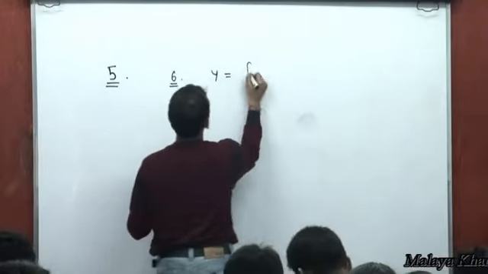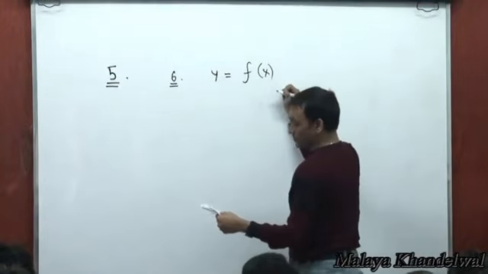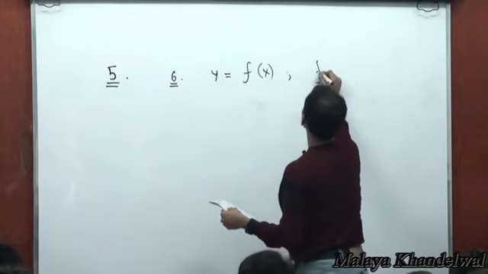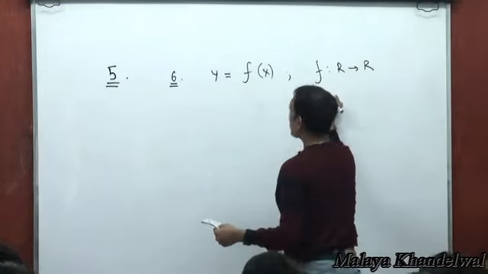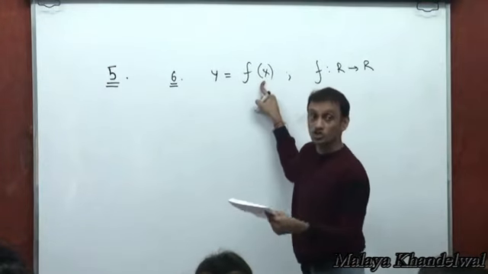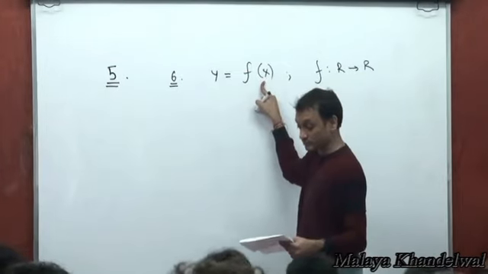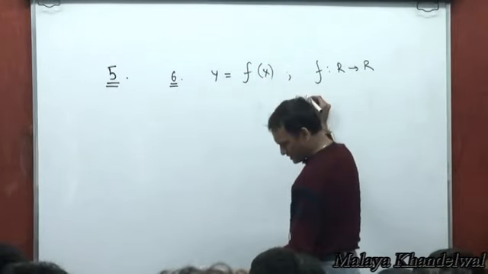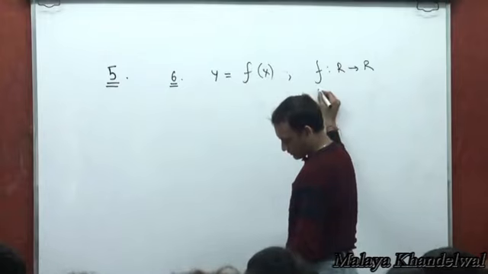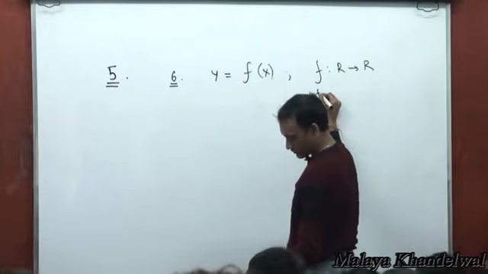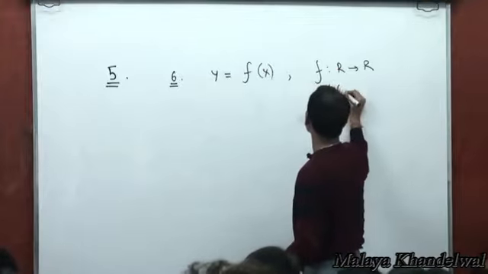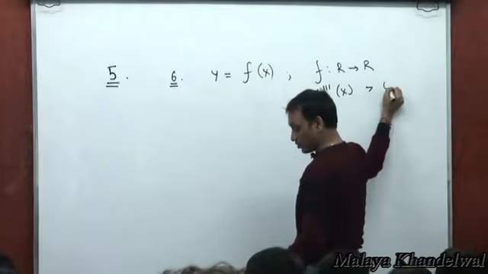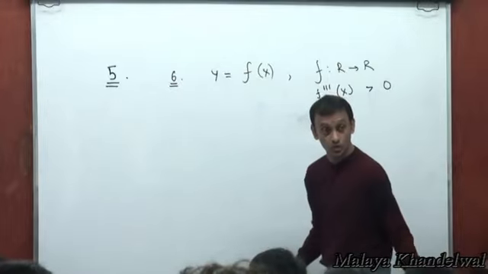y equal to f(x). R to R is an odd differentiable function such that f triple dash x is greater than 0.